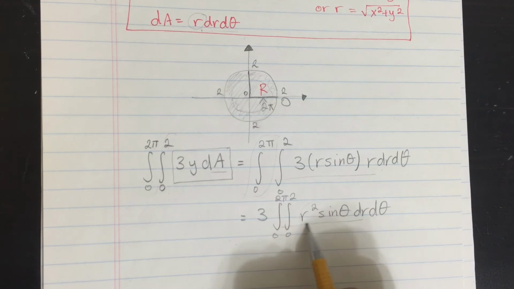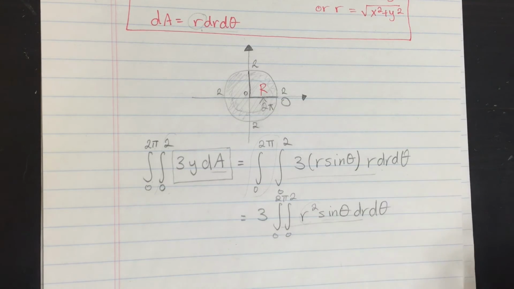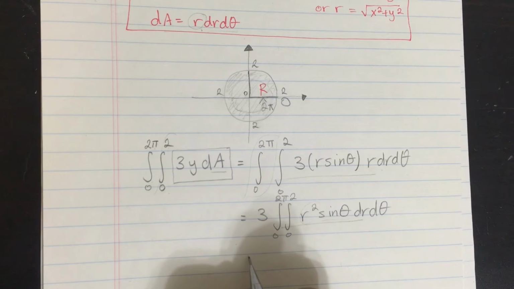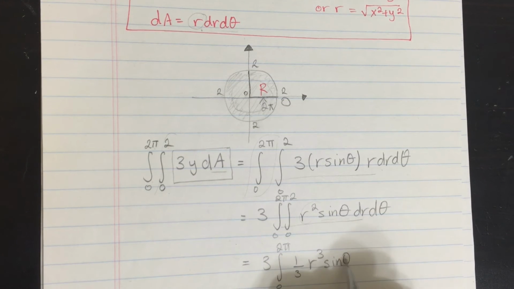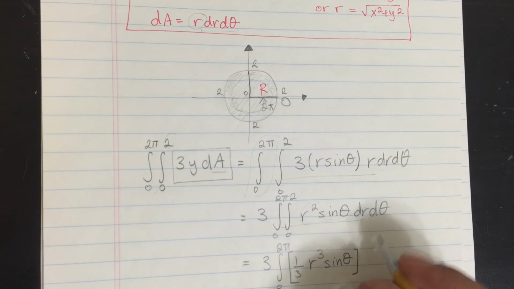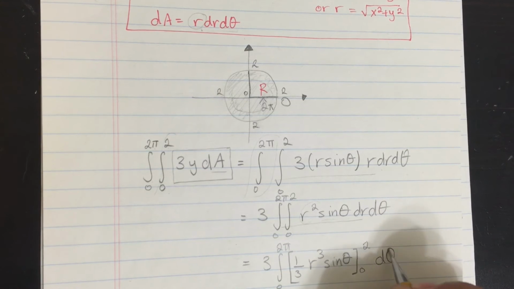So we have r squared, and then sine theta is just going to be dealt with as a constant. So we can say that this is equal to 3 integration from 0 to 2 pi of 1 over 3 r cubed sine theta, and it's going to be evaluated from 0 to 2, d theta.